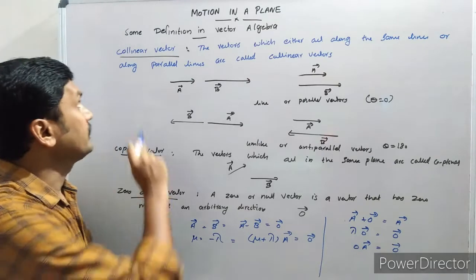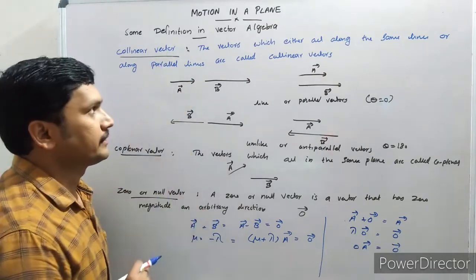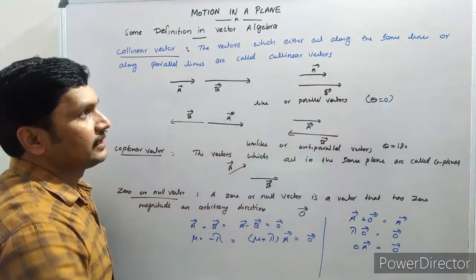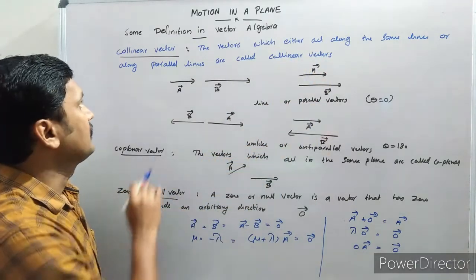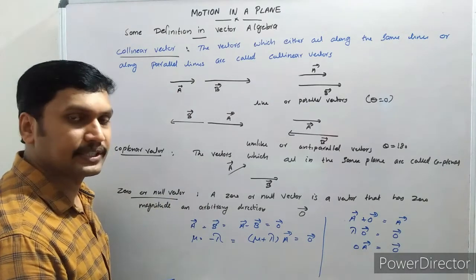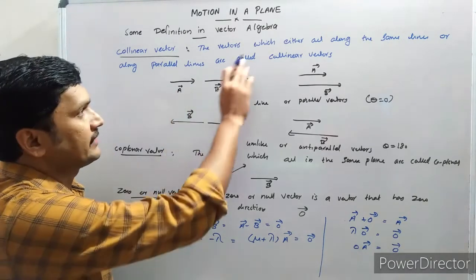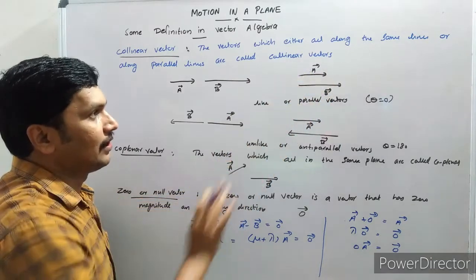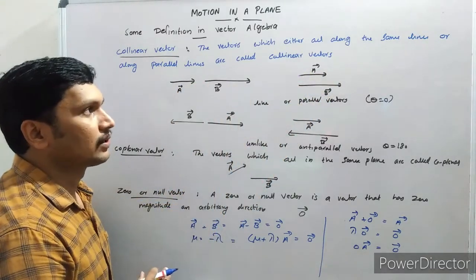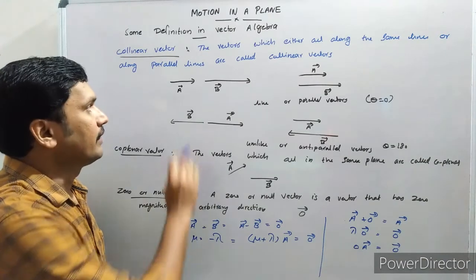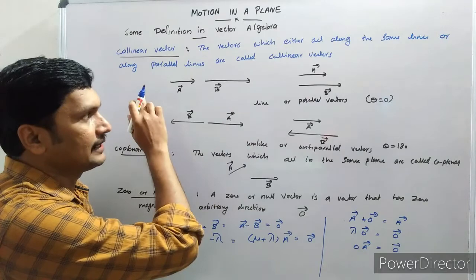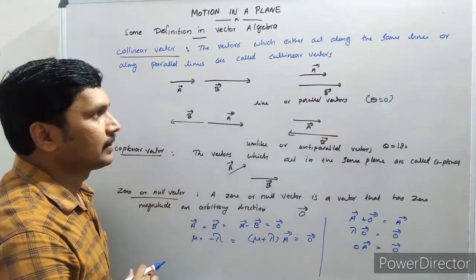Now let us see what is a collinear vector. The vectors which either act along the same line or along parallel lines are called collinear vectors. Here, vectors A and B are acting along the same line.